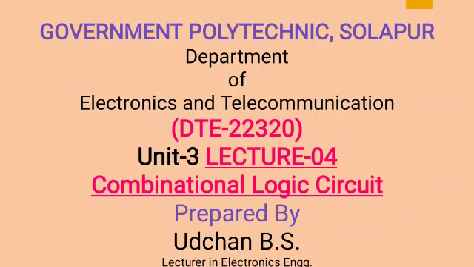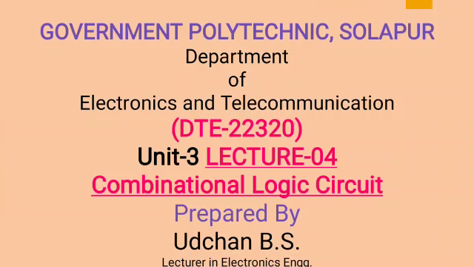Welcome all. In the last lecture we have seen what is Kmap, Kmap structures for 2 variable, 3 variable and 4 variables. After that we have seen the product terms related to the Kmap cells and Kmap in the form of min terms.